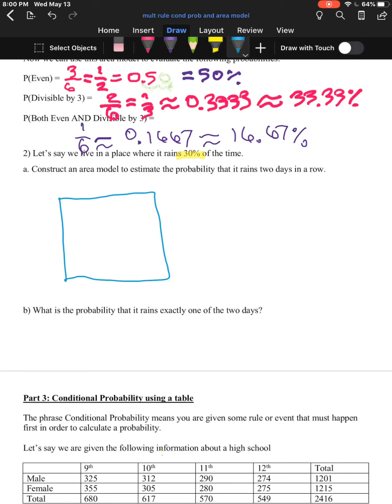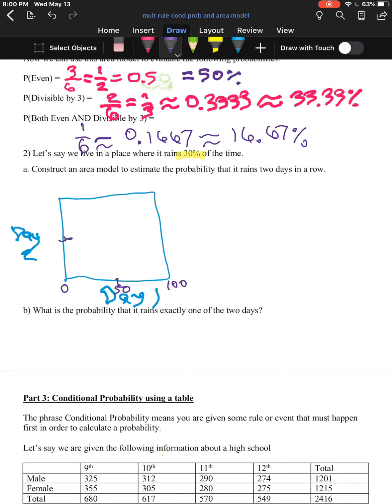So I'm going to use a square and say that this side is day 1 and this side is day 2. If you section off the units, and we're going by percents, this is 100%, the middle being 50, and this is the end.